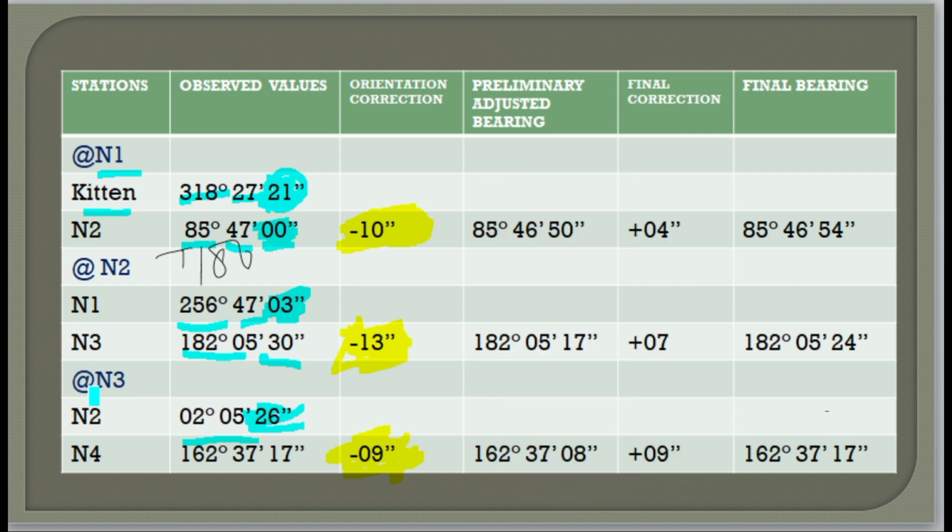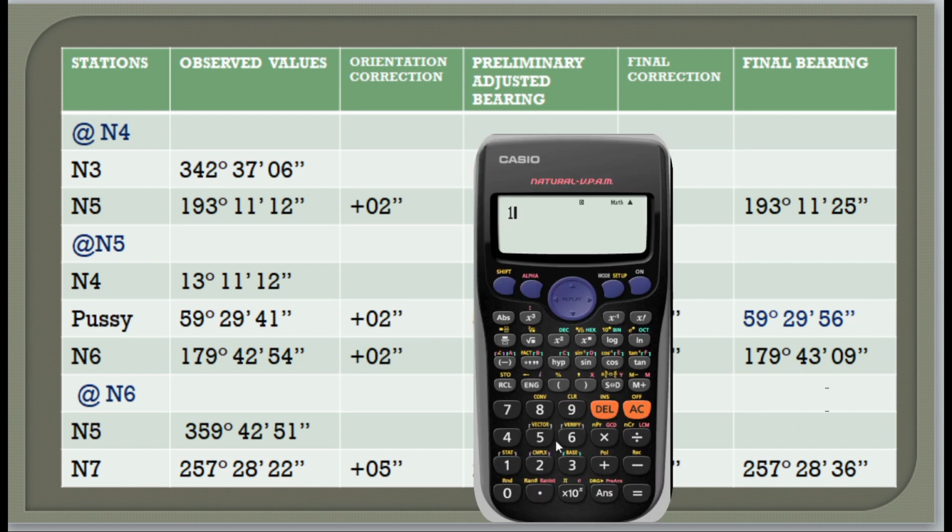And then we move to our next part. So from N3 to N4, our observed forebearing is 162, 37, 17. So this is our observed forebearing. On our next here, the back bearing of the same was observed again, so we need to correct that back bearing.